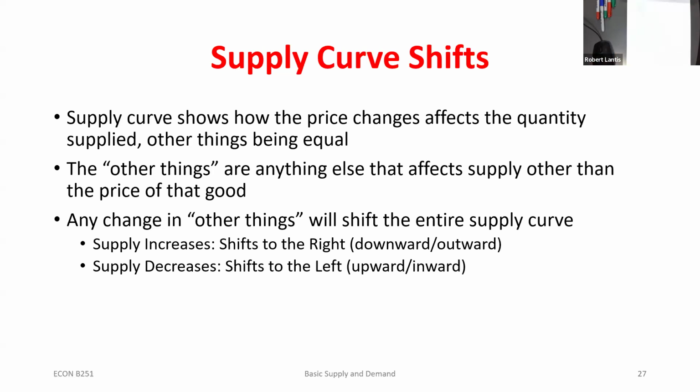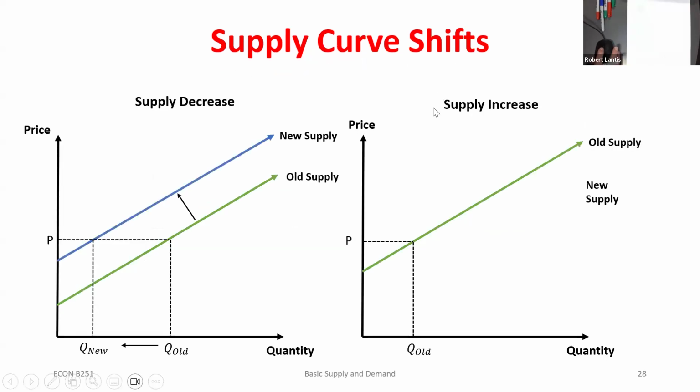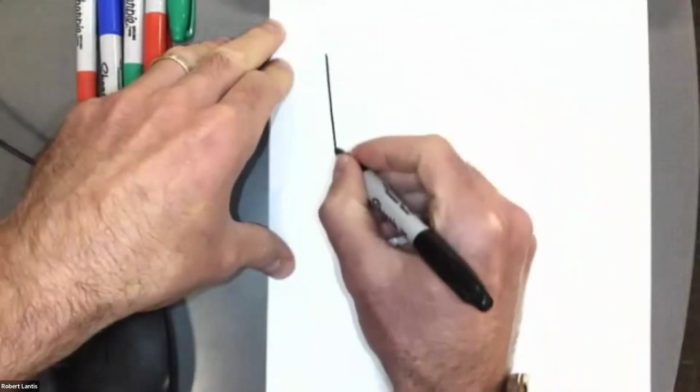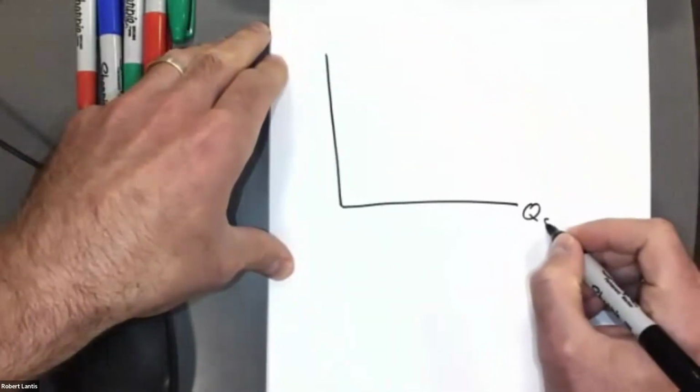And then a supply decrease, or a shift to the left, just like a decrease in demand, actually looks like an upward shift. So it can get confusing. Here's where I've got them drawn out, but I'm going to do this for you, and hopefully show you something that'll cause you not to make this mistake of thinking about this as upward or downward shifts.